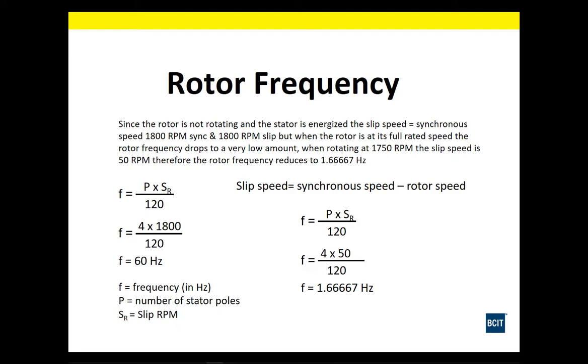Therefore, the rotor frequency reduces to 1.66 hertz. Shown on the left here is 0 RPM rotor speed, so our slip speed is going to be 1800 RPM for a 4-pole motor. And then here we have our little equation calculating what the new frequency would be with our slip speed of 50 RPM.